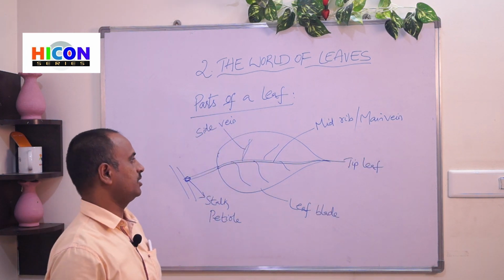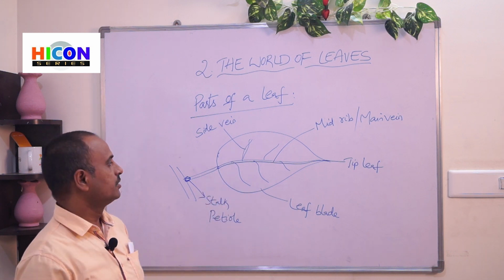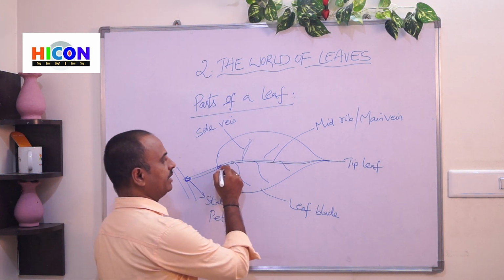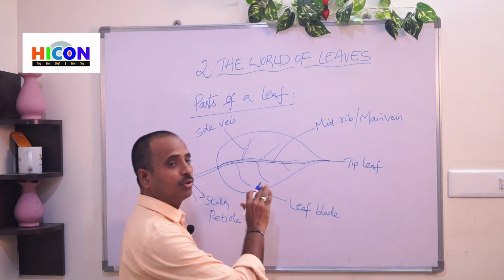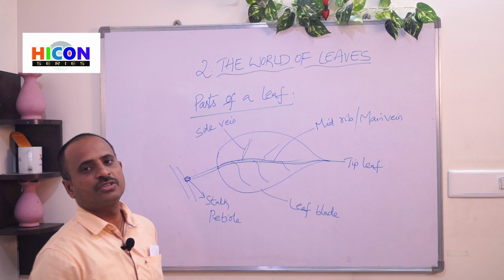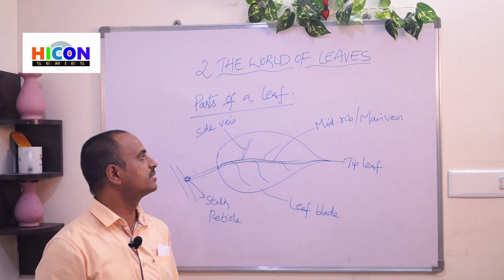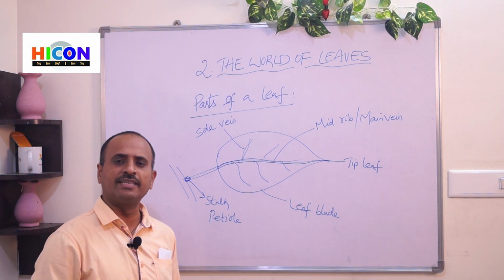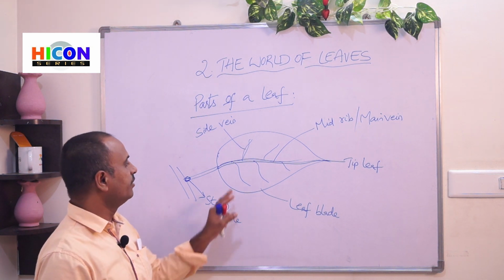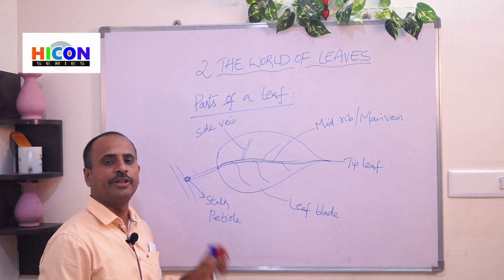So these are some important parts of the leaf. Here the midrib divides the leaf into two parts. So children, these are the main parts. Look at the picture. The part where the leaf is attached to the stem is called stalk or petiole.